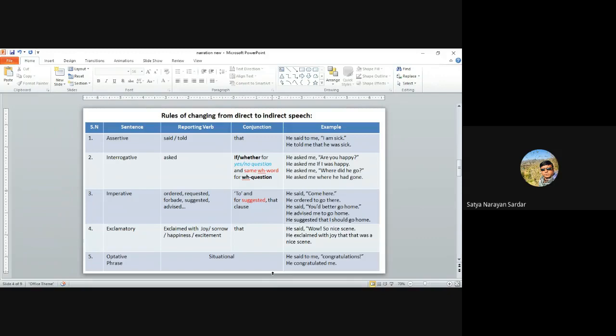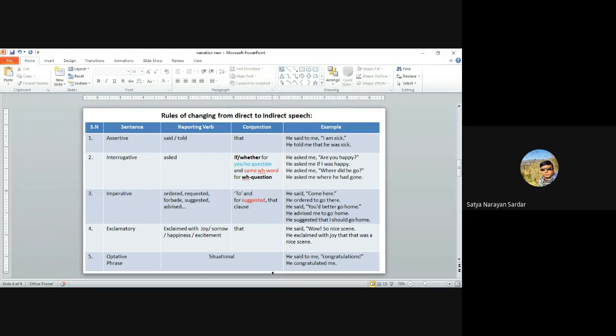Here are some more rules. In a grammar book, we can find four types of sentences. The fifth one is the optative phrase. I've given the fifth also because I'll talk later about this one. Number one, assertive sentence, inside which we can have negative sentences and positive sentences, and entirely we can call it a statement.